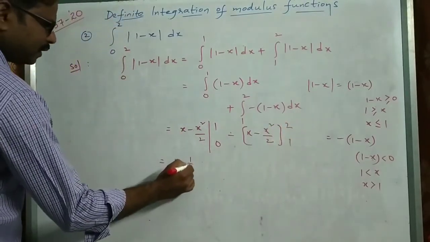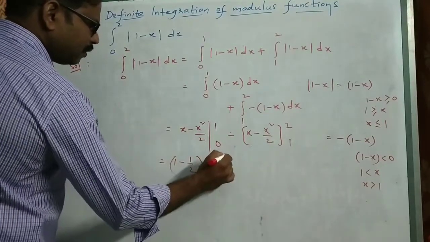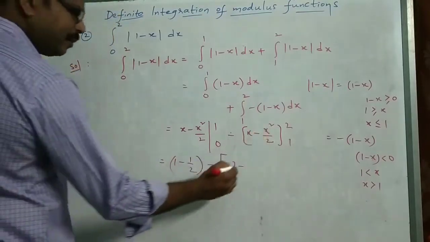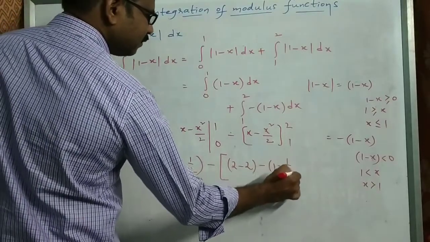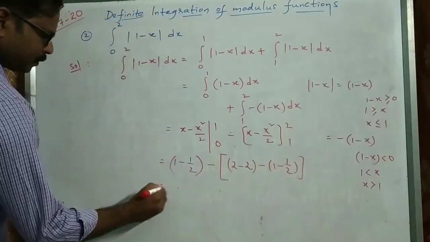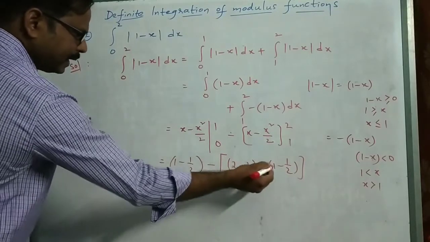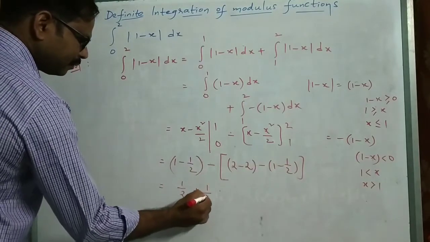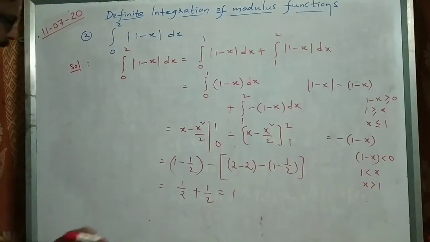So 1 minus 1 by 2, remaining, minus of 2 minus 2 square value 4 by 2 means 2, minus of 1 minus 1 by 2, so 1 by 2. Here 1 minus 1 by 2, 1 by 2 plus 1 by 2. The value is 1. Right.